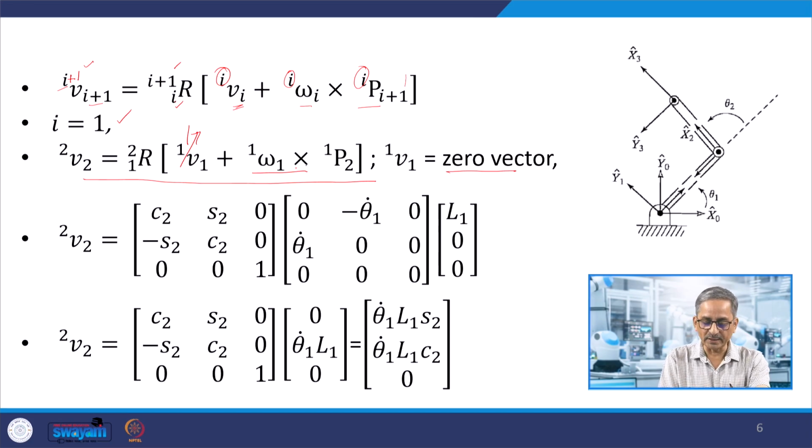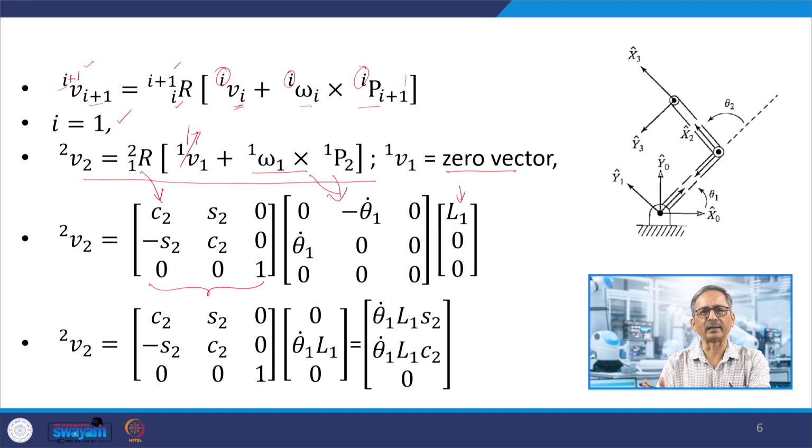Okay. So, this is written here as a skew symmetric matrix, and this P21 is basically the position vector of frame 2 with respect to frame 1. So, this is this one only, right, and this expression, all right. So, we have seen how we have done that.